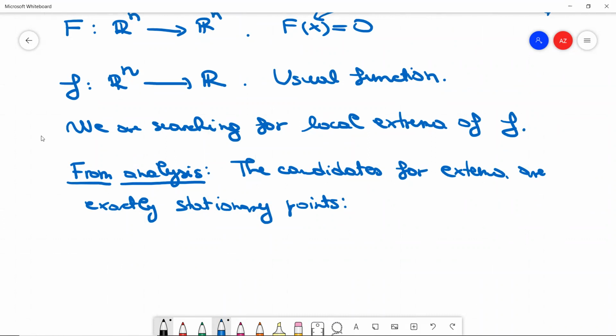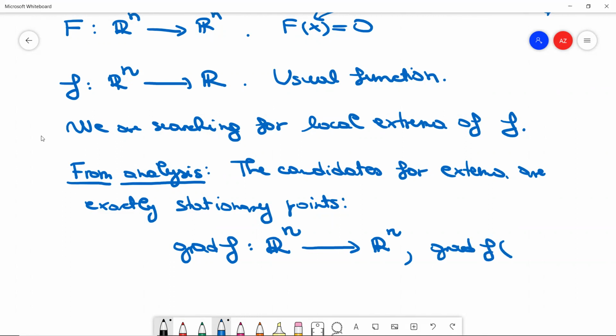So in a compact way, I can write this as the gradient of f. This is now a vector function of a vector variable, mapping from R to the power of n into R to the power of n. So this gradient in the local extremum must be 0. I will write the local extremum with a, and it should be 0.